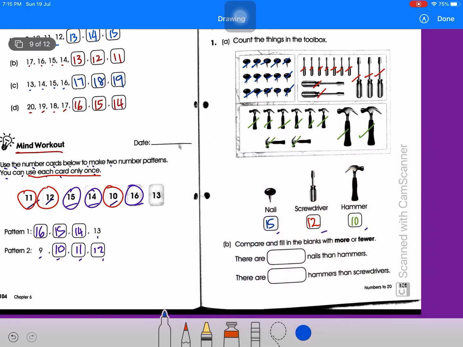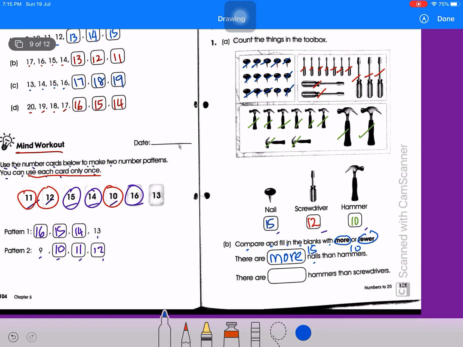So the next one, we need to compare and fill in the blanks with the words more or fewer. There are more nails than hammer. So nails got 15. And hammer, there are 10 only. If comparing nails to hammer, so there are more nails than hammer.